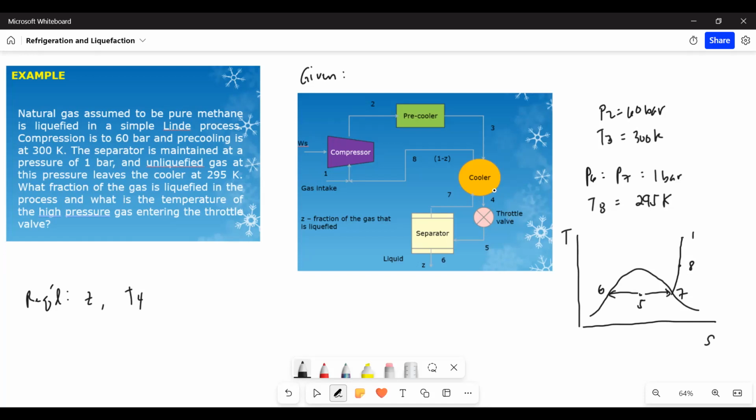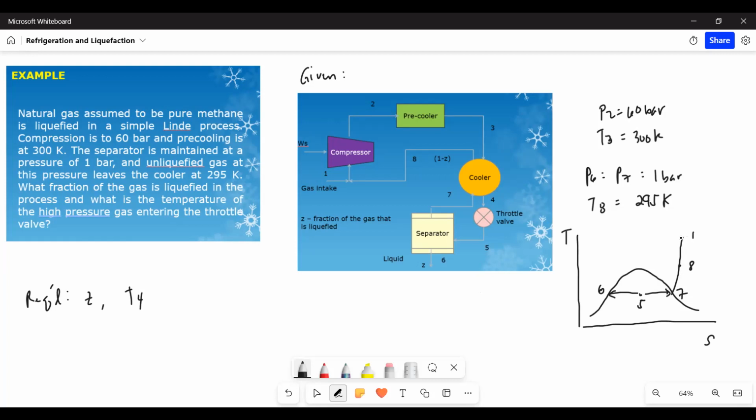So what else do we know? This line right here is an isobar, cooling from P7 to P8, and to P1 as well. This is the cooler section, point 7 to 8. From 8 to 1 is where the cycle goes back to the original.